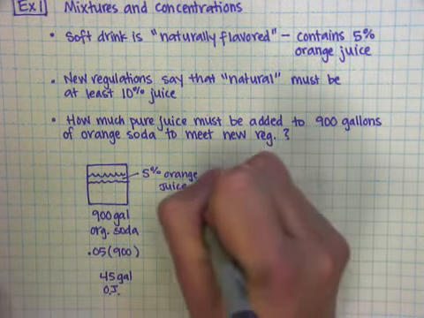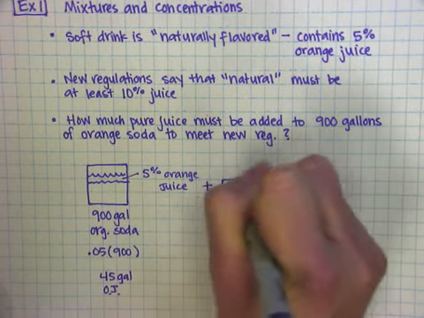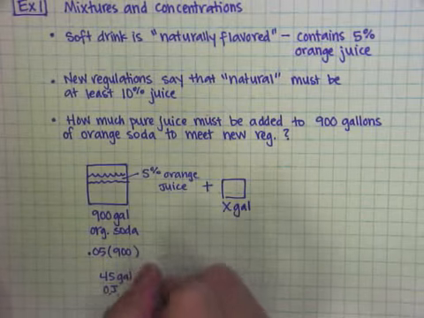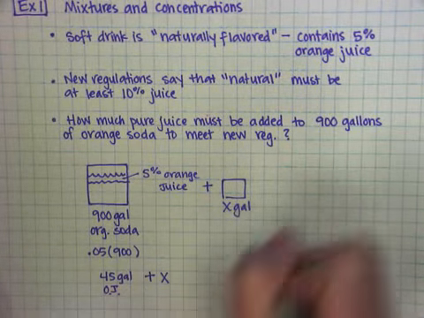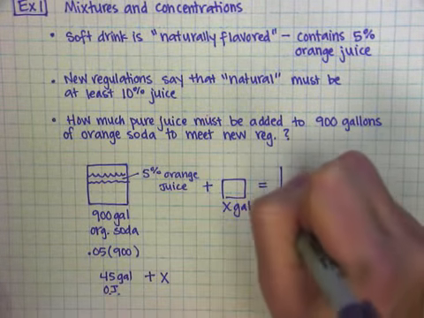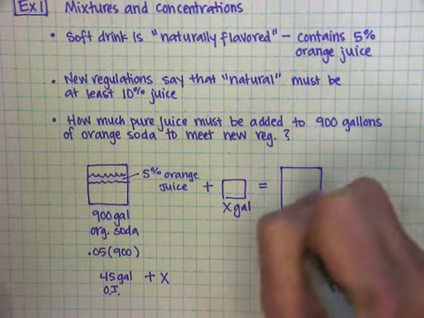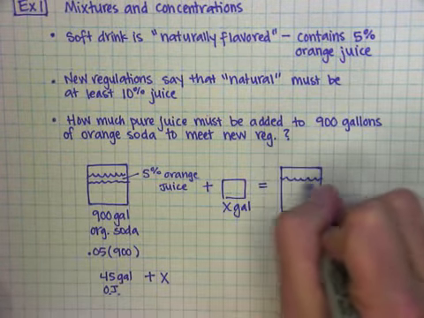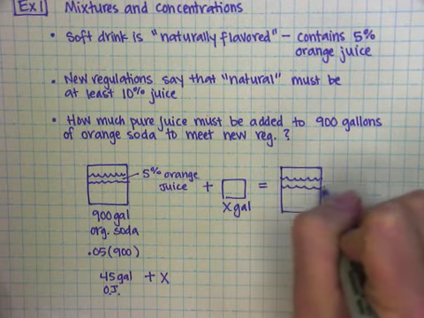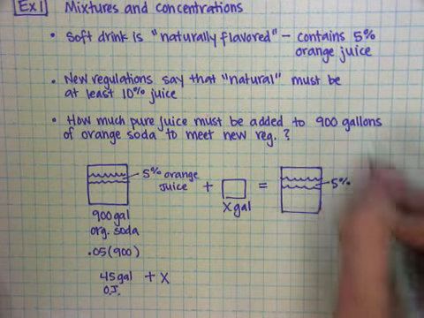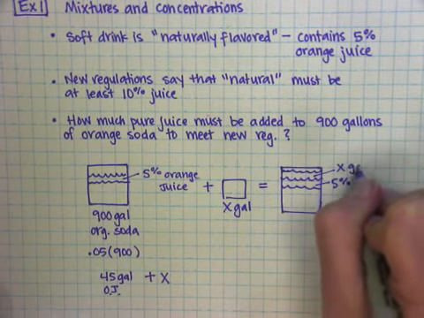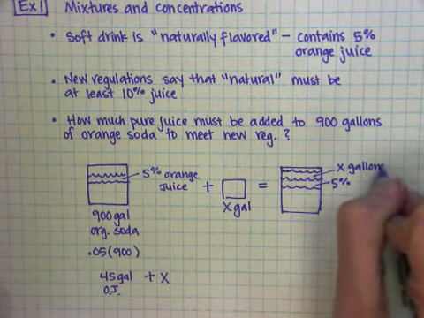Then we're going to add X gallons of pure orange juice. So this is going to be 45 plus X. We're going to add up to my tank of orange soda here. It's going to have its original 5% of orange juice because we didn't take that out this time, and on top of it, we're adding in X gallons of orange juice.